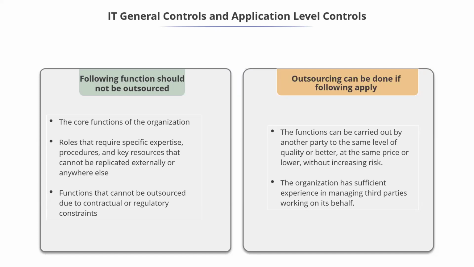Also roles that require specific expertise, or procedures that cannot be replicated externally. Outsourcing can be done only if the following applies: the function can be carried out by another party at the same level of quality or better, at the same price or lower, without increasing risk, and the organization has sufficient experience in managing third parties working on its behalf.